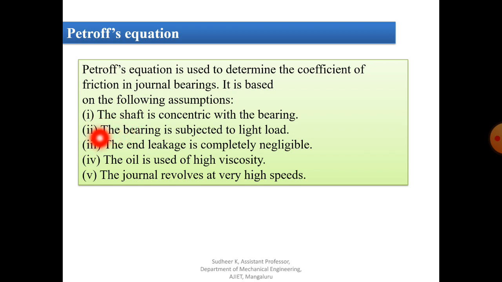The first assumption made in deriving the Petrov equation is that the shaft is always concentric with the bearing.